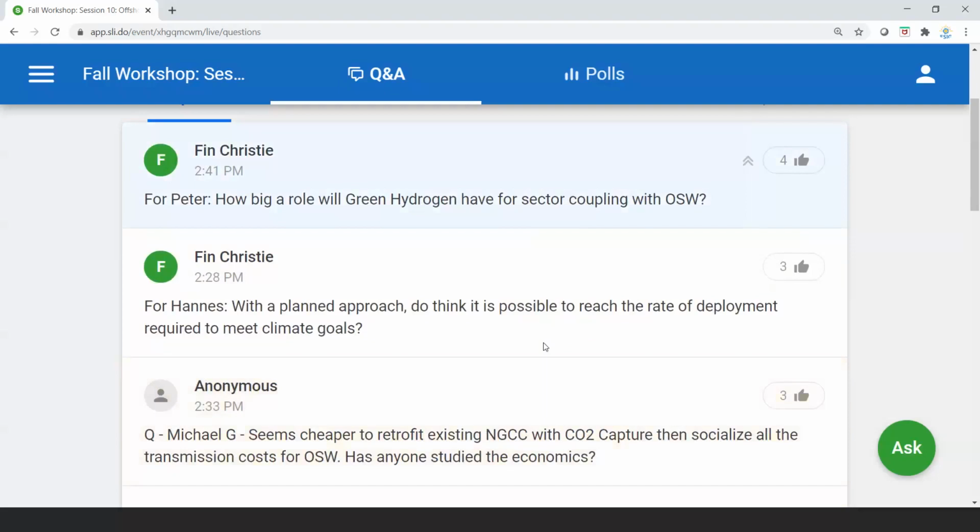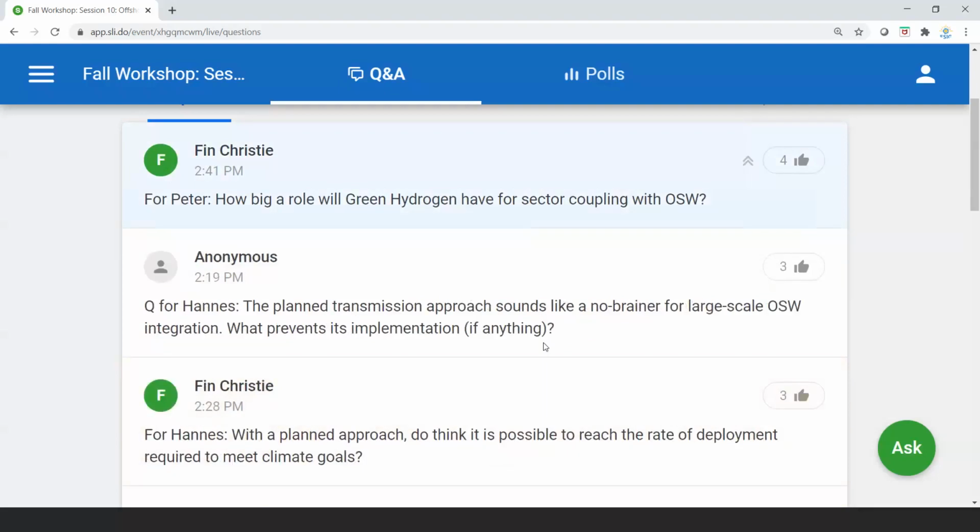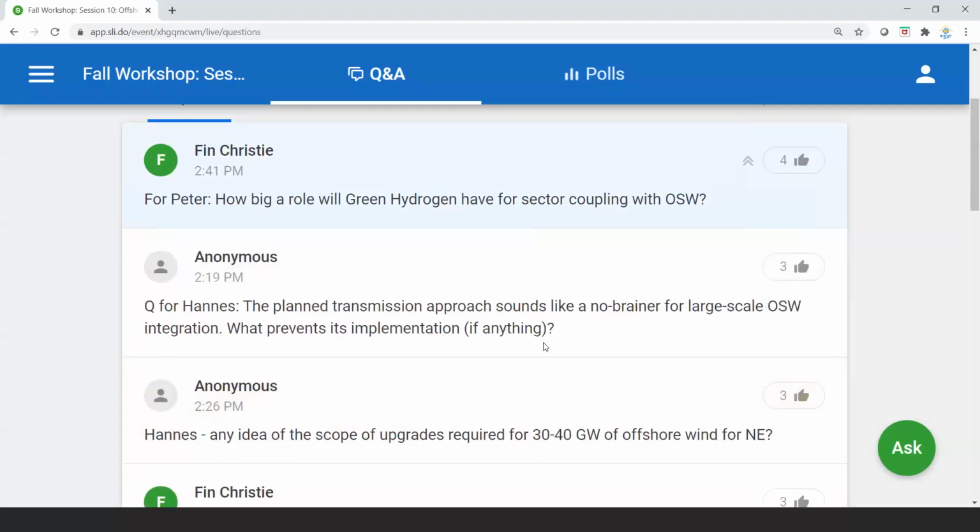But what you see now is that public tenders on new offshore wind come together with hydrogen or some kind of consumption of the electricity. So I think for the next 20 gigawatt, it is necessary. Otherwise, we cannot integrate the electricity. But we also need the hydrogen to reduce CO2 emissions in other sectors where it may not be so easy to electrify.